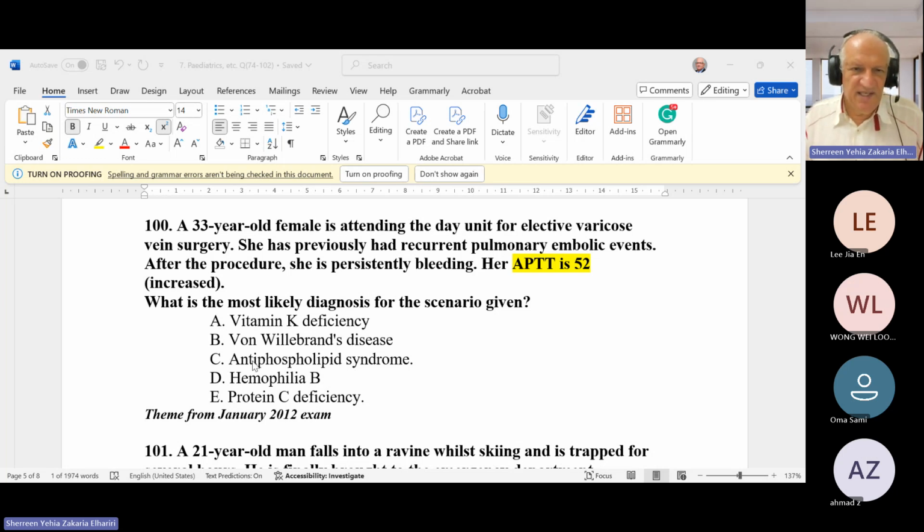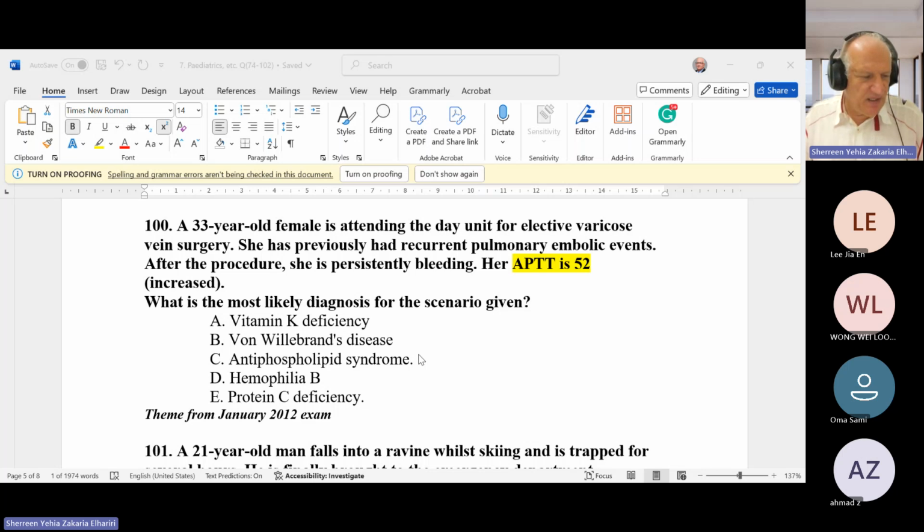In this patient, it is antiphospholipid syndrome, sometimes called anticardiolipin syndrome. It is not protein C, because protein C has some different characteristics. I forget them, but usually the APTT is not high. So the common answer is antiphospholipid syndrome.